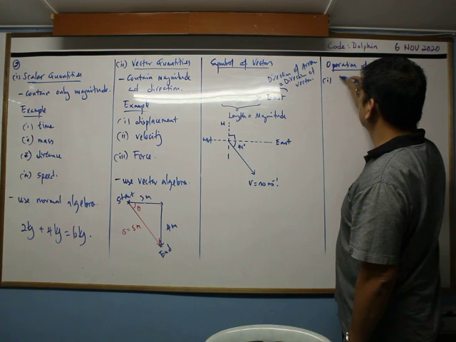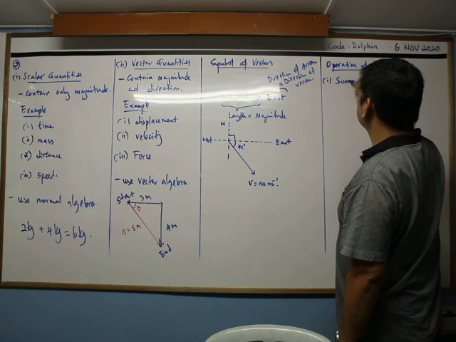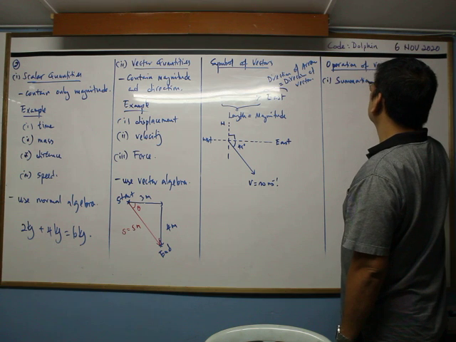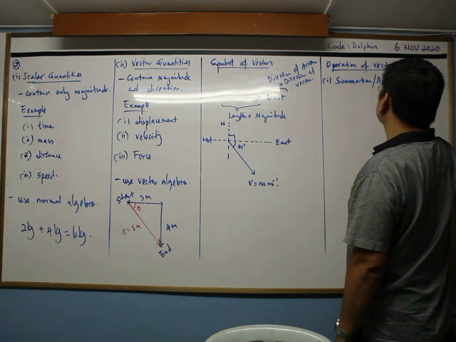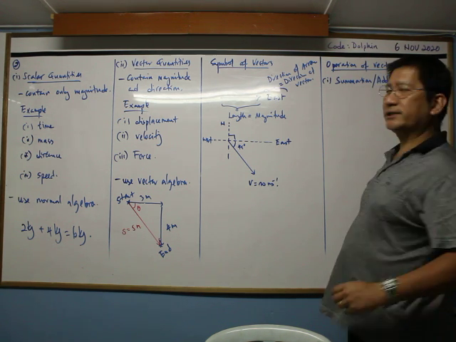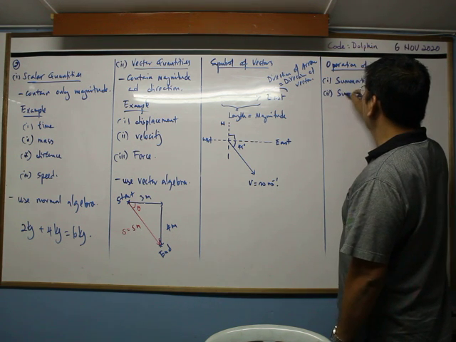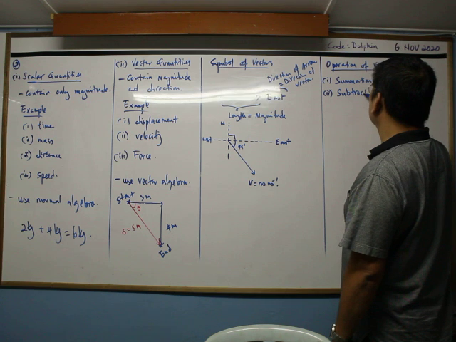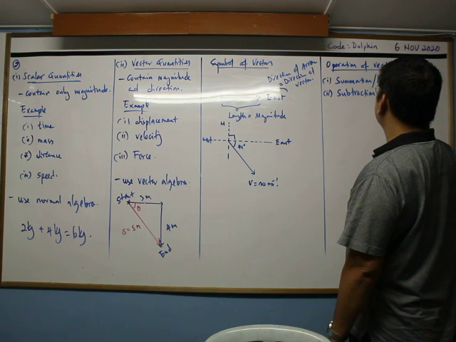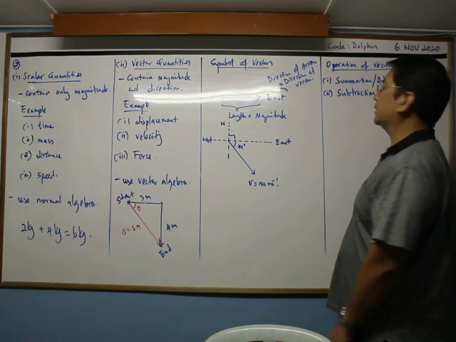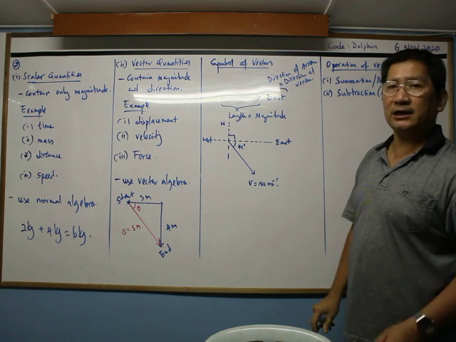For example, operation number one is summation, or normally we call it addition. You sum up two vectors. Number two is subtraction, which normally refers to minus. You subtract a vector from another vector.